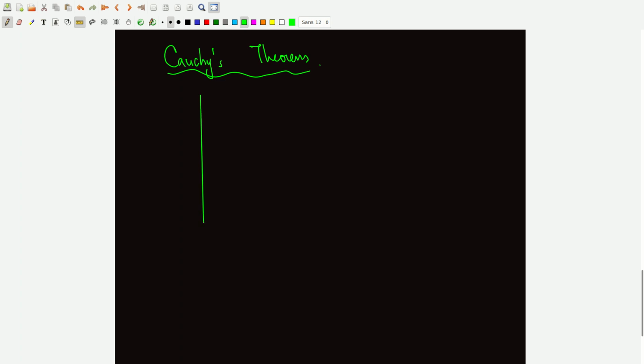So Cauchy's theorem is very important. It gives us a very, very important result. So here we have the imaginary part of z, and then we have the real part of z.